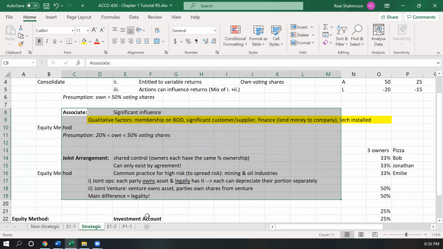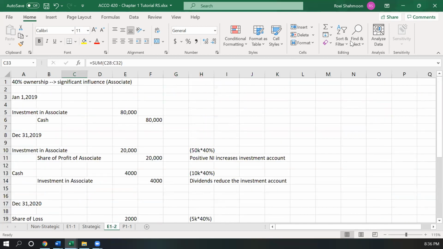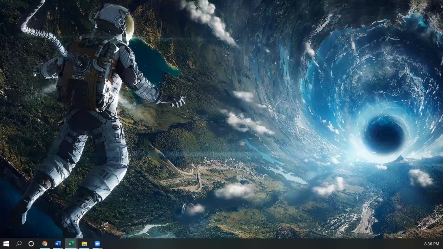So now, guys, let's end off today with an equity question. This is the solution, but hold on. I'm going to open up the question. I think I have it over here. Hold on. Where is it? I think it's over here.